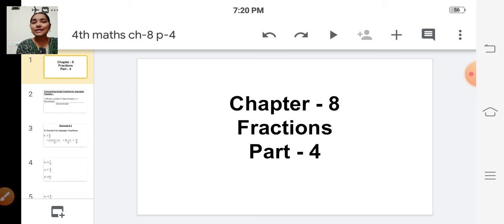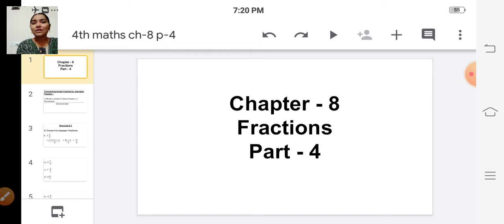If the numerator is greater than the denominator, then it is called improper fraction. What is unit fraction? If the numerator is 1, then the fraction is called unit fraction. Then what is called mixed fraction? It is made up of whole number and proper fraction.